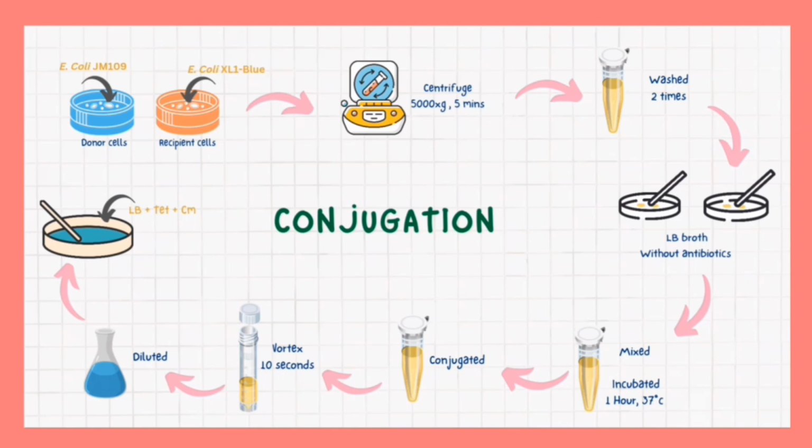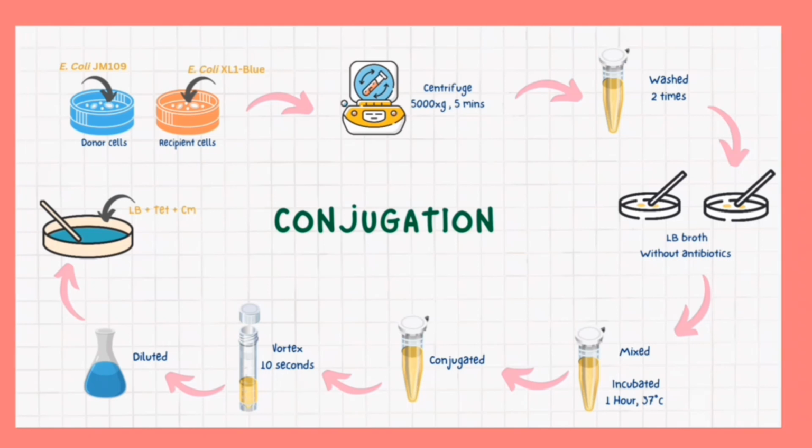Next, equal volumes of donor cells and recipient cells were mixed and incubated for 1 hour at 37 degrees Celsius for conjugation. The sample is collected and vortexed for 10 seconds to stop the conjugation and then diluted. Then the dilution is spread onto LB agar that contains tetracycline and chloramphenicol. The plates were incubated overnight at 37 degrees Celsius.